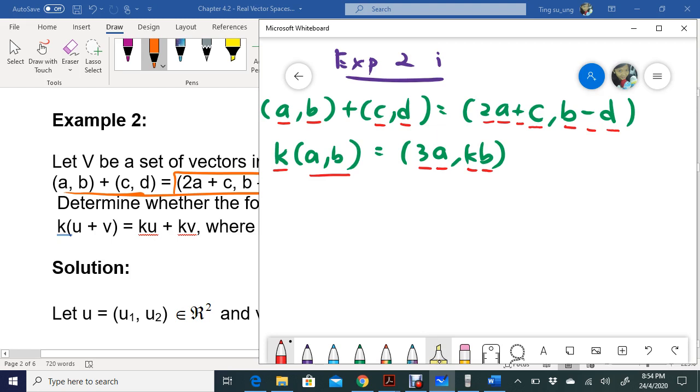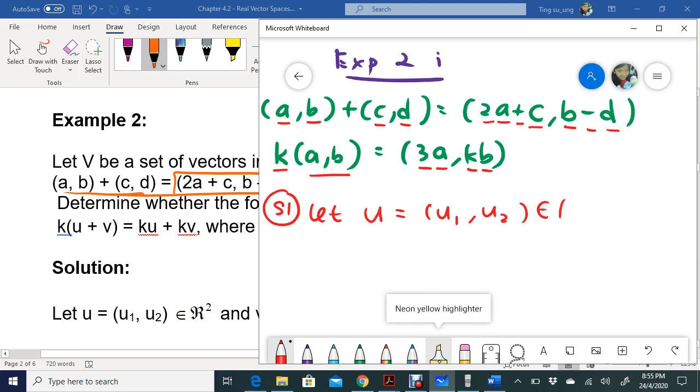Okay, so as I mentioned in the mind map, step 1, you need to let U and V. You can have U1, U2 element of R, or you want me to use A and B, that can be done also, as I stated in the mind map.